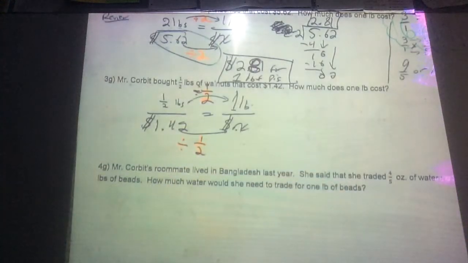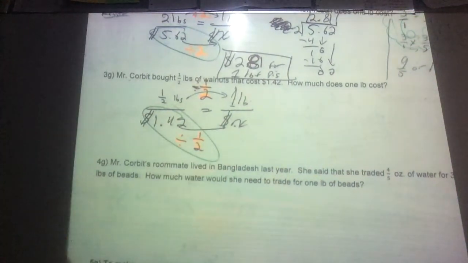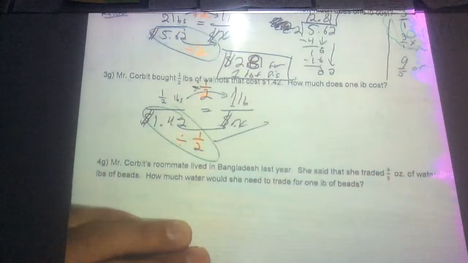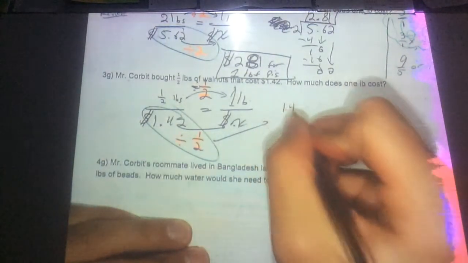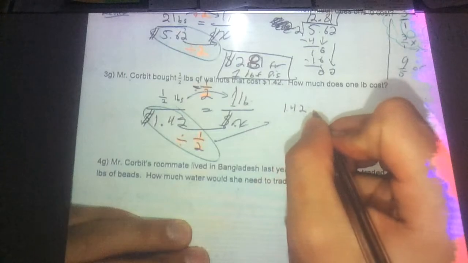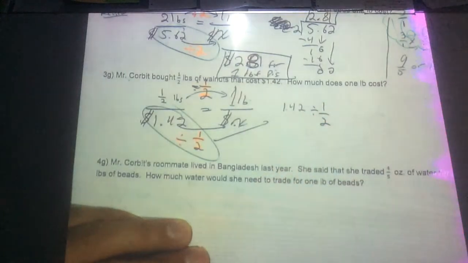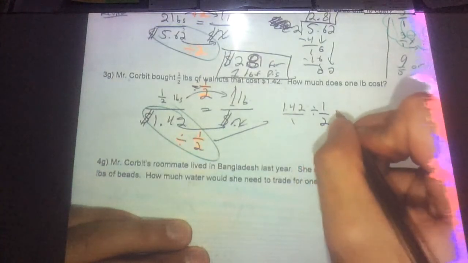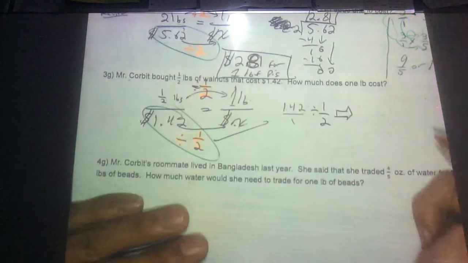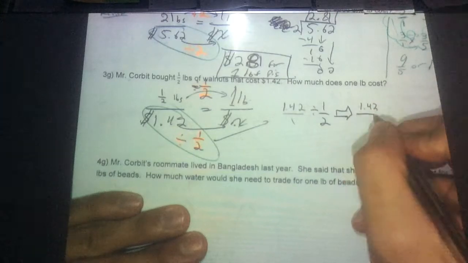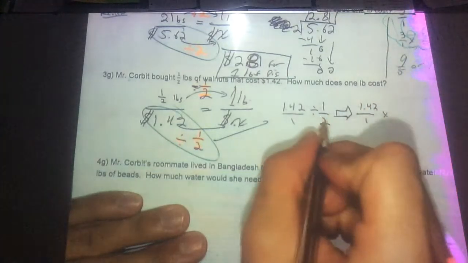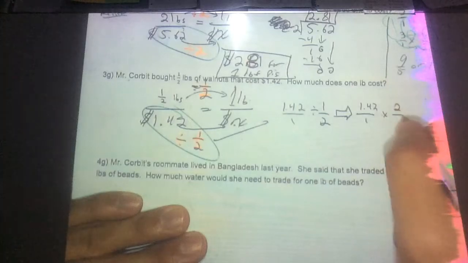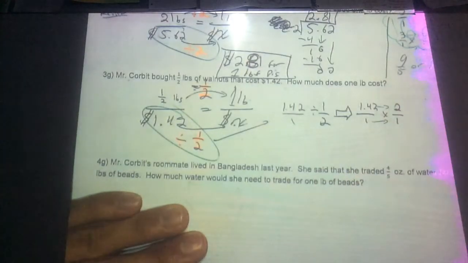Okay, so now the only thing I need to do is, this operation is the key one. So I'm going to go ahead and write this operation over here. 1.42 divided by 1/2. And this 1.42, I can just put it over 1. And this turns into our multiplying and dividing rules. 1.42 over 1 times, take the second fraction, flip it, and then multiply straight across.